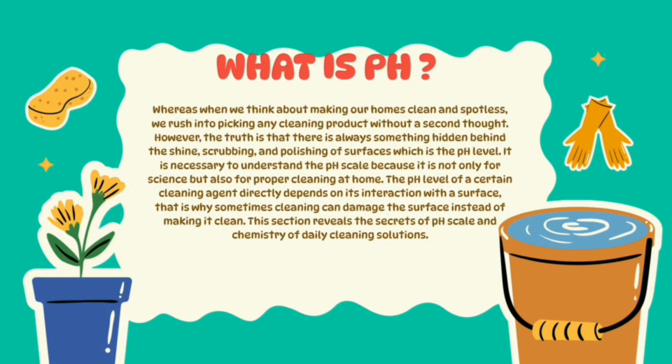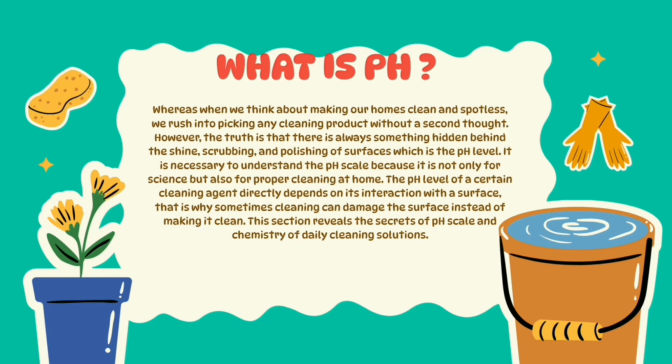When we think about making our home clean and spotless, we rush into picking any cleaning product without a second thought. However, the truth is that there is always something hidden between the shine, scrubbing and polishing of the surface, which is the pH level.